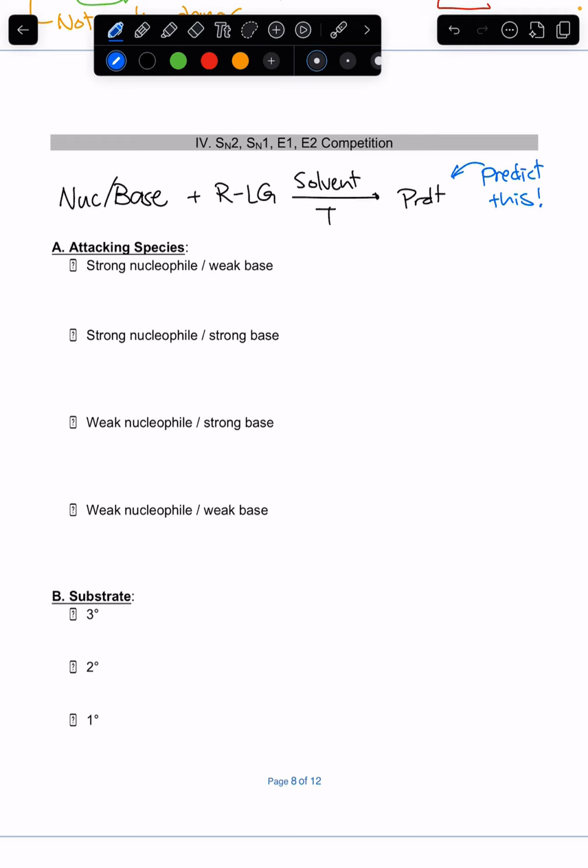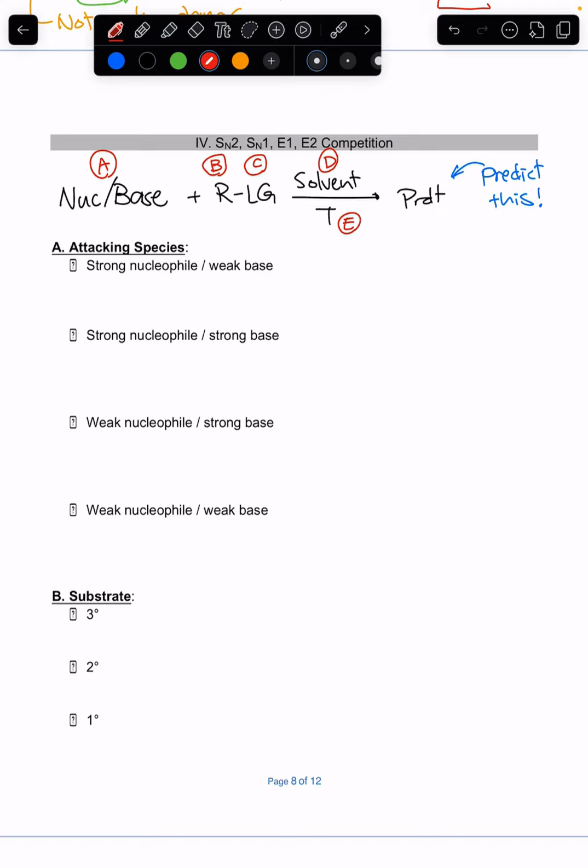And we're going to look at these five different things: the attacking species, the substrate, and then the leaving group specifically, and then the solvent, and the temperature. Those five factors. Hopefully it's all review.